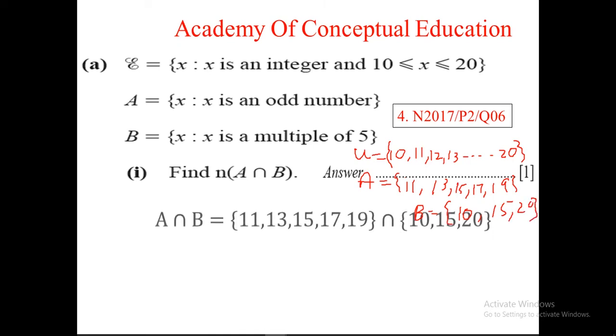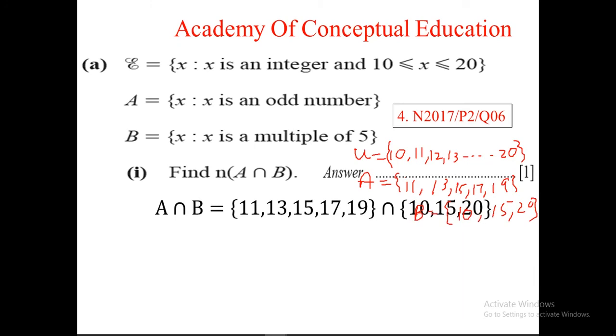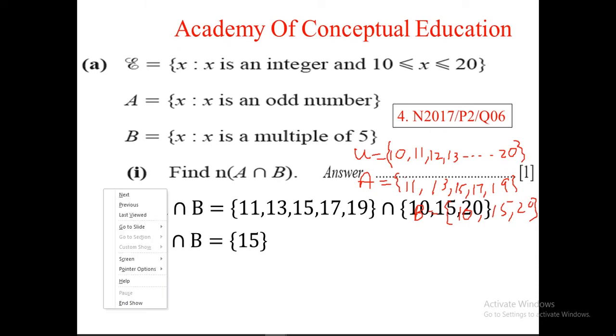Now in the first one, we have to write the A intersection B. If we find the A intersection B, we will have the final answer as 15, because 15 is the element which comes in both set A and B. But the question is not to find A intersection B. The question is to find the number of elements of A intersection B. We cannot ignore this sign, this alphabet n.